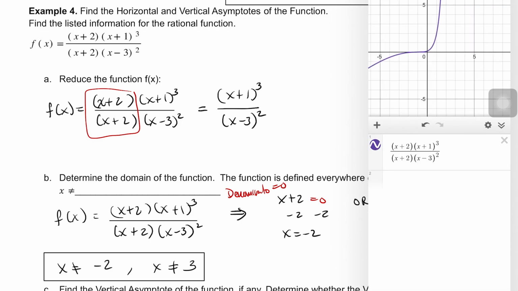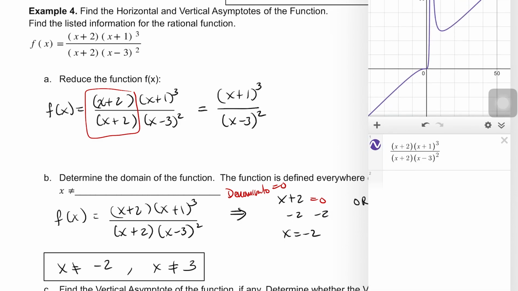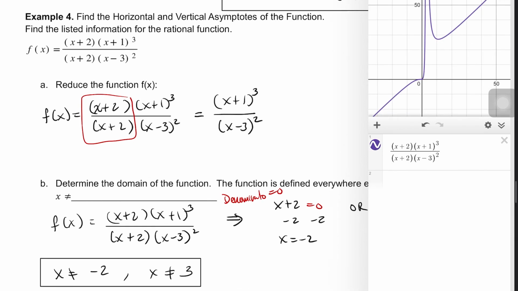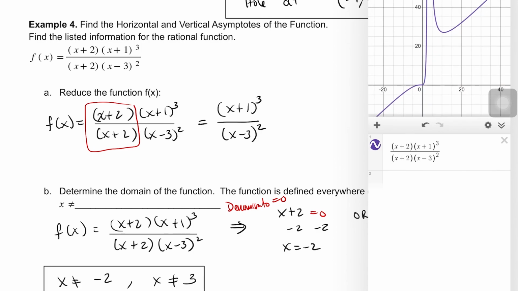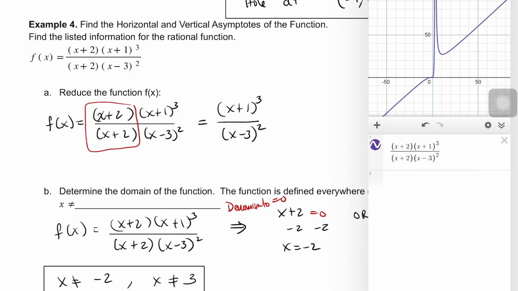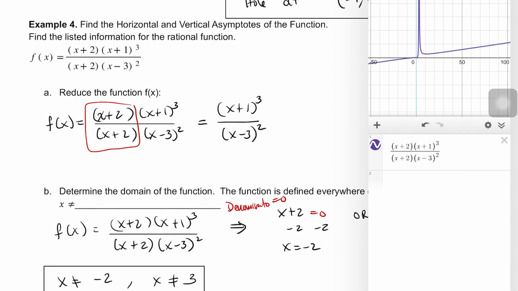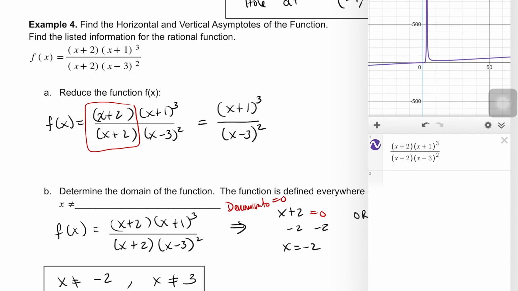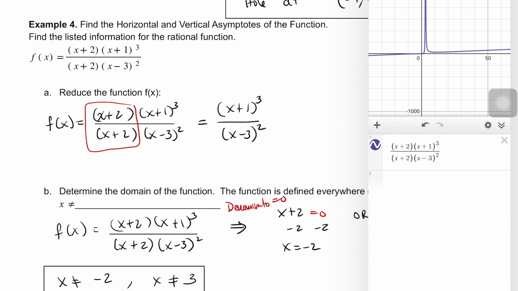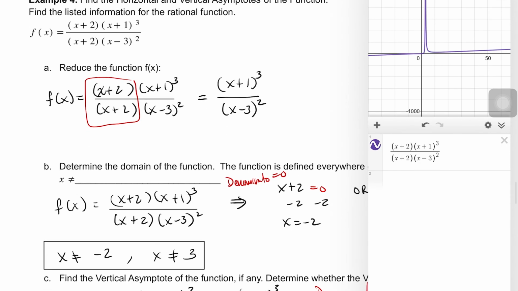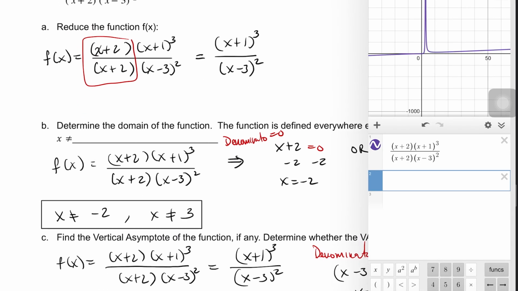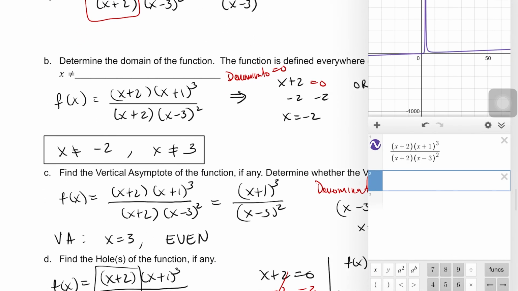All right, so let's zoom out. We can see here that there is an asymptote. We're going to have a hole at -2.